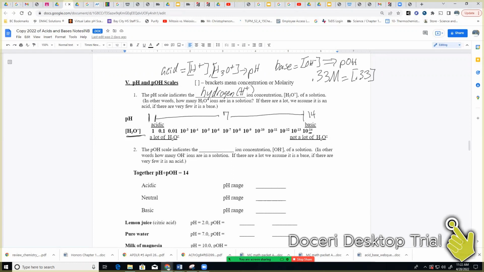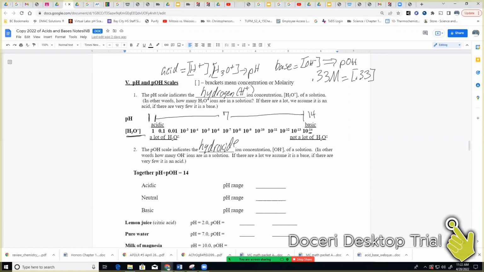So the pOH scale indicates the hydroxide concentration in the solution. So same thing. The more hydroxide ions I have, the more basic it is, my pH number would go up and my pOH number would go down lower.